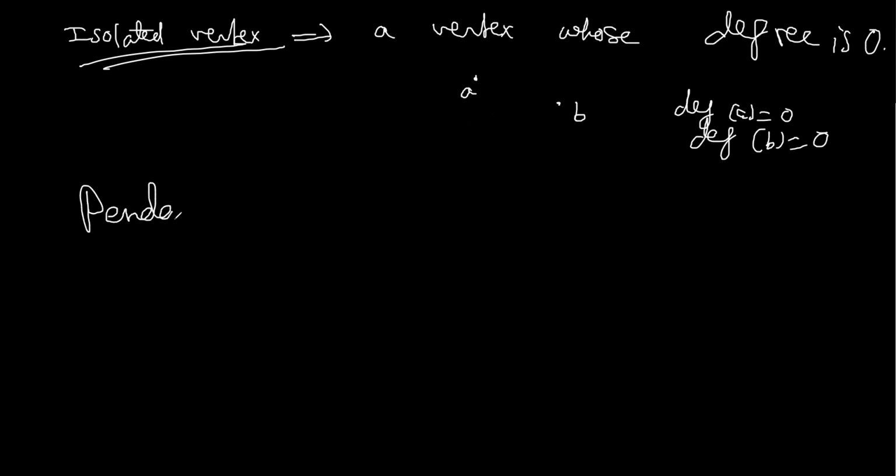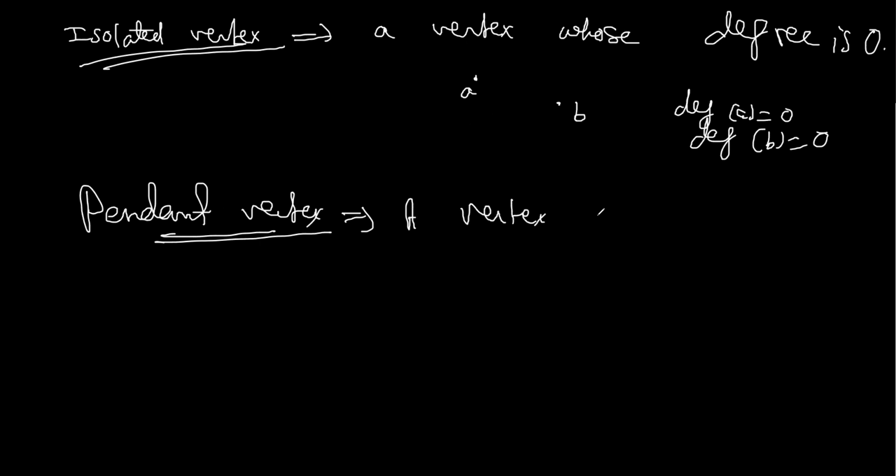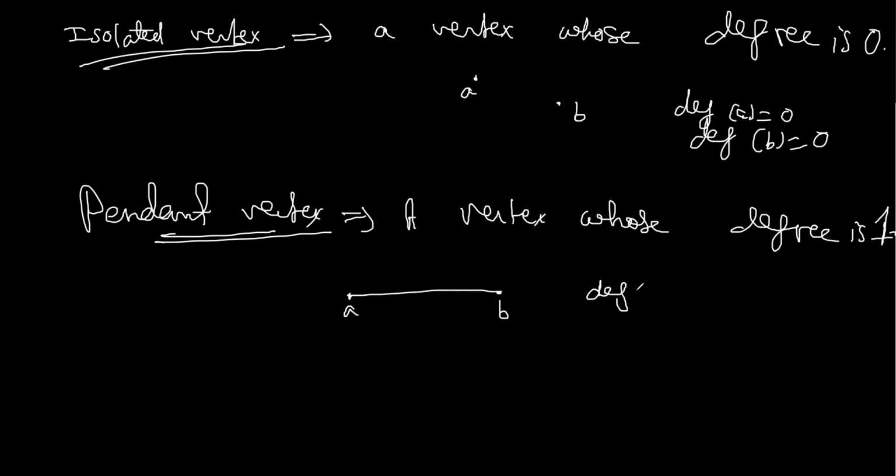What is a pendant vertex? A vertex whose degree is one. For example, this graph. Degree of A is one, degree of B is one, right?